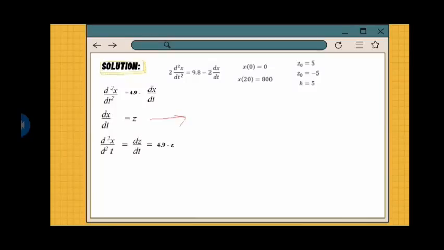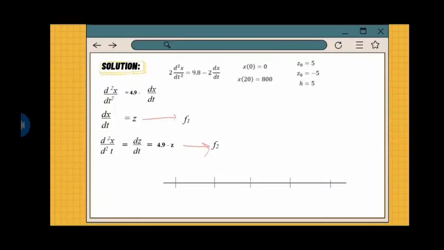So we will have d squared x over dt squared equals dz over dt equals 4.9 minus z. Okay, so from here we have two equations. The first one will be our f1 and the second one will be our f2.